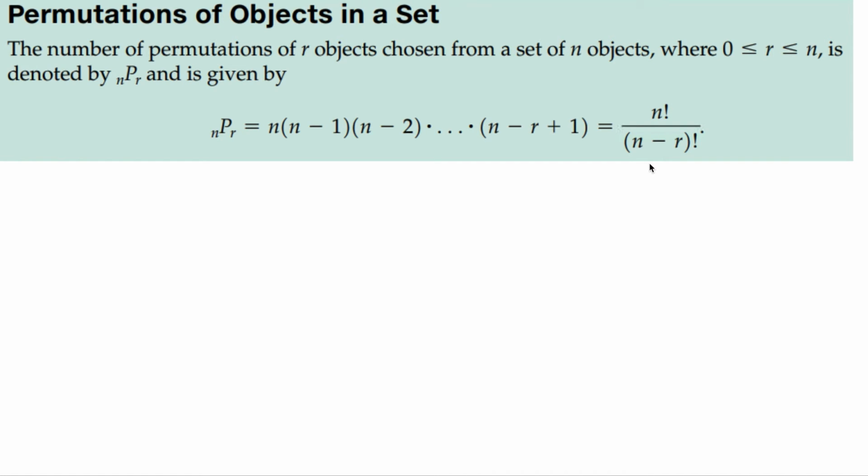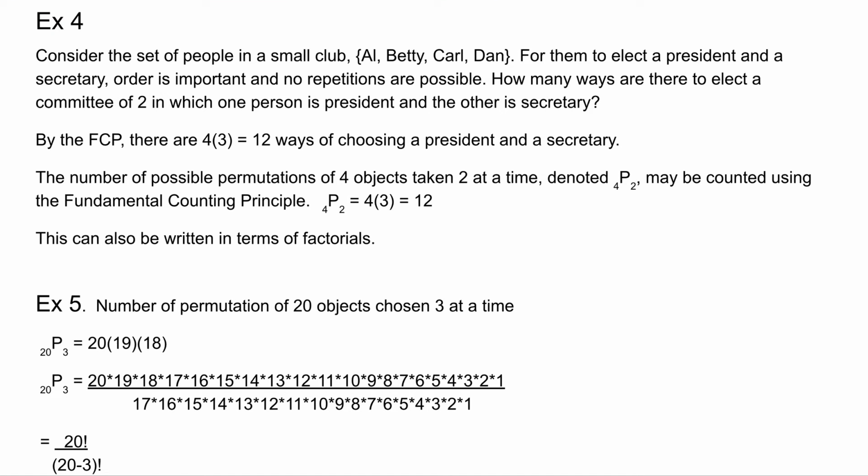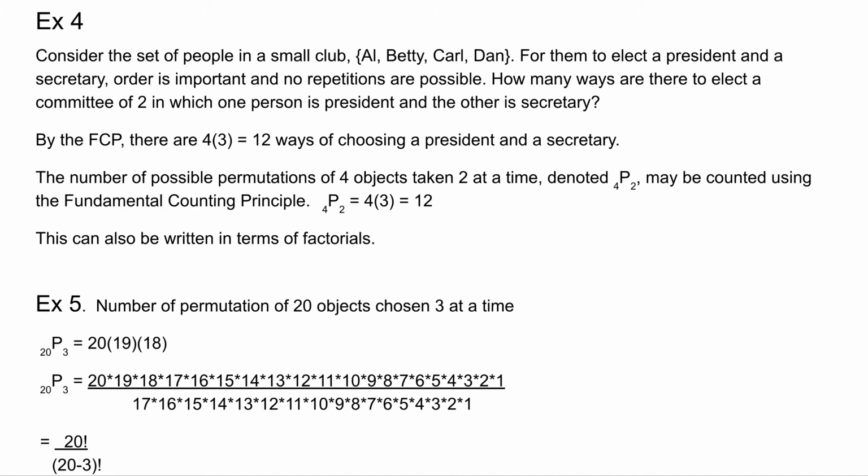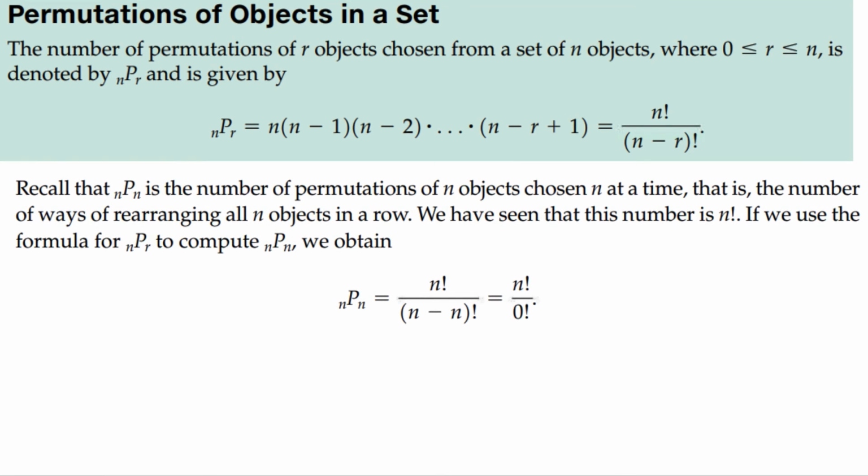By remembering this, you can easily solve all the permutation problems. I also want you to think about this. Recall that n permutation n. So you are using all of the people there, right? Then using the formula, we know n factorial over n minus n factorial.